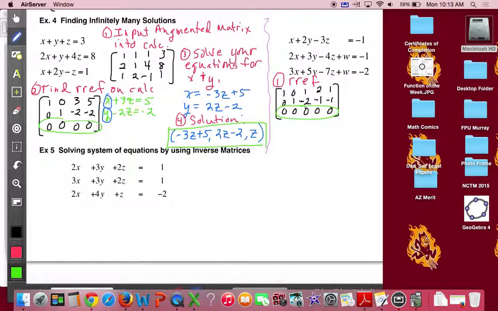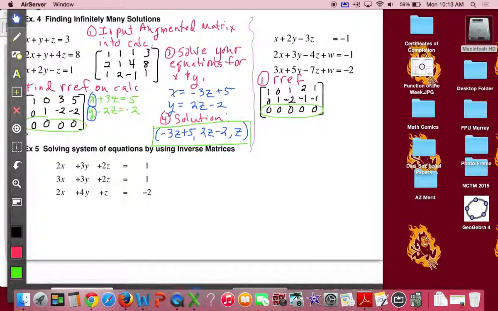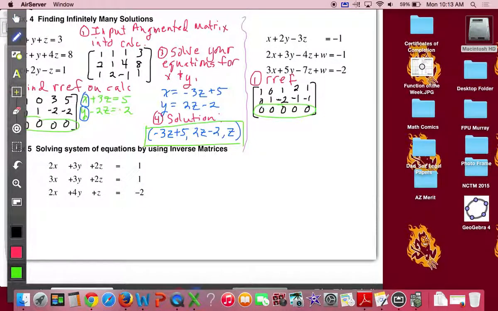So let's write the equations that we have to the right here. In the first row, I have an x, no y, but I have a z, so plus z, plus 2w is equal to positive 1. Isn't that my first row? Isn't that what it's telling me? And then my second row, I don't have an x, but I do have a y, minus 2z minus w equals negative 1.